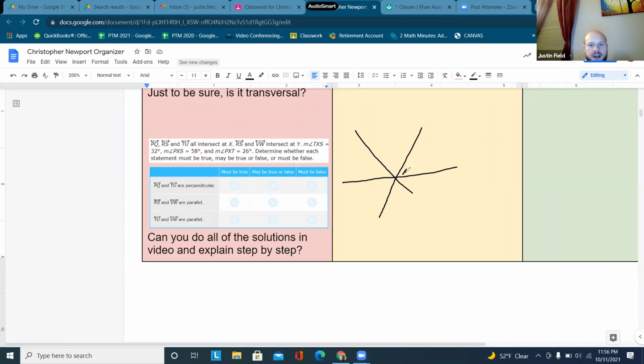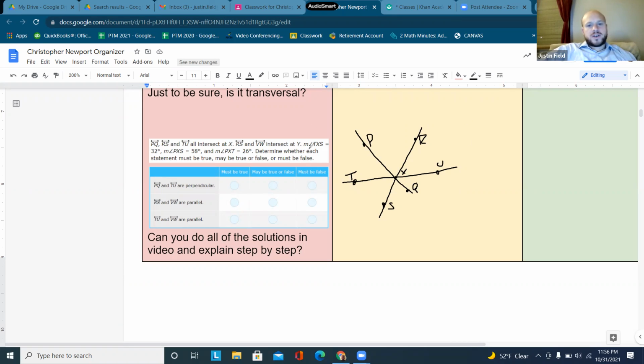There's point X right there. Okay, PQ, RS. So I'm just drawing a picture slowly, given the information that I have, and then TU there. Drawing a picture. Now I might have to adjust the picture because I don't know if it's right, but you gotta start somewhere.